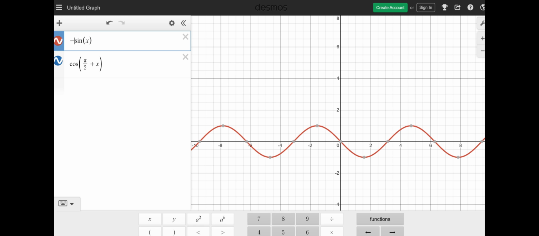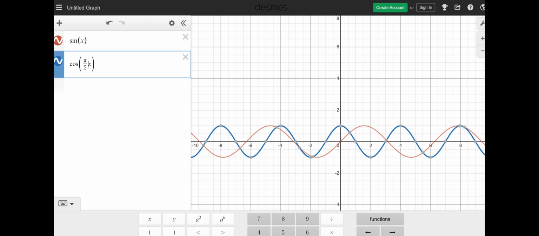So cos of pi on 2 plus x is the same as minus sine x. If we go back to a regular sine, cos of pi on 2 minus x, you can see is exactly the same as sine x. So that's where these exact trig identities, I suppose, come from. So it's good to commit them to memory.